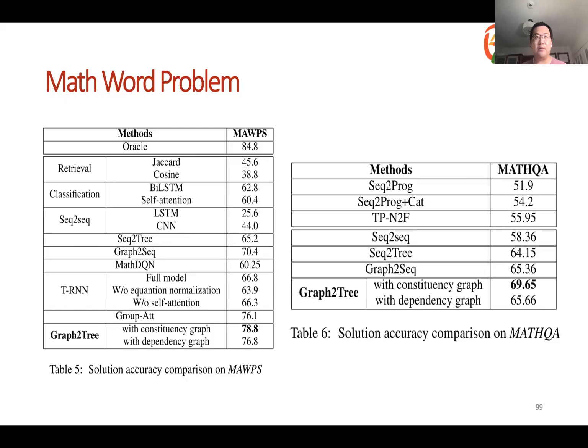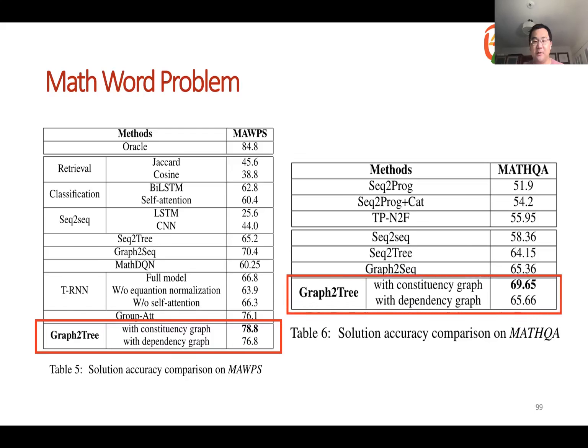We first generate the original math equation so that we can preserve a meaningful explanation of how we construct this equation. And as you can see, this is very remarkable: even though we don't do any pre-processing, just using our Graph2Tree model, we can achieve the current state-of-the-art performance using different graph construction methods.